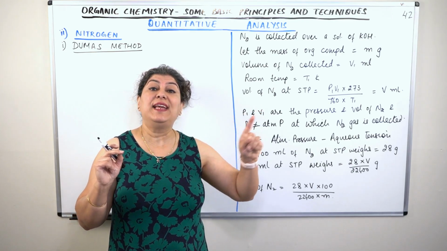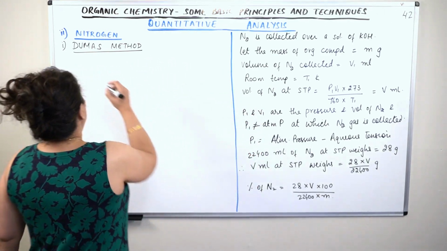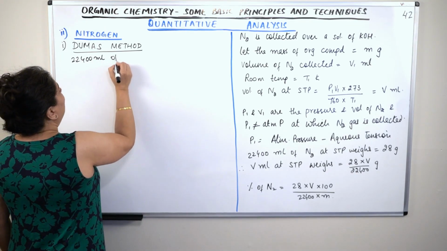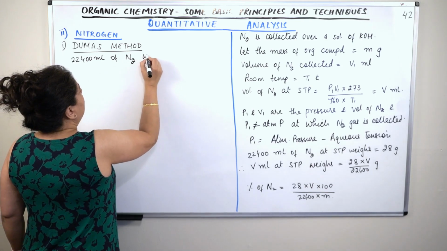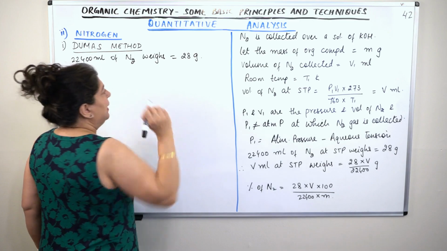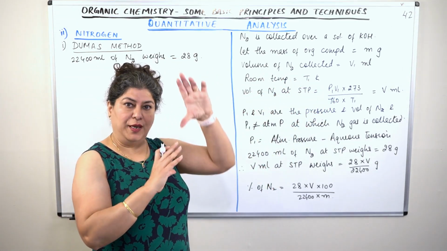It would weigh 28 grams. This is the information we have, that 22400 ml of nitrogen weighs 28 grams.